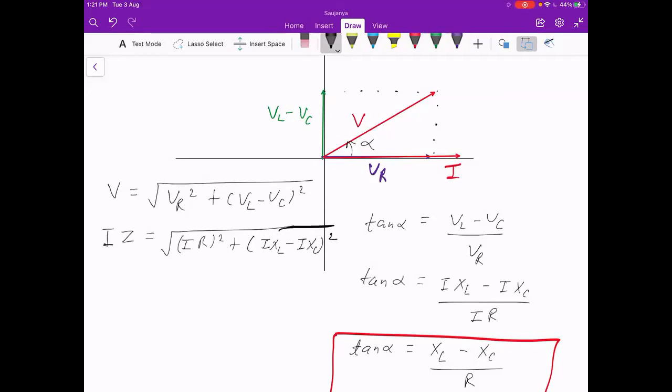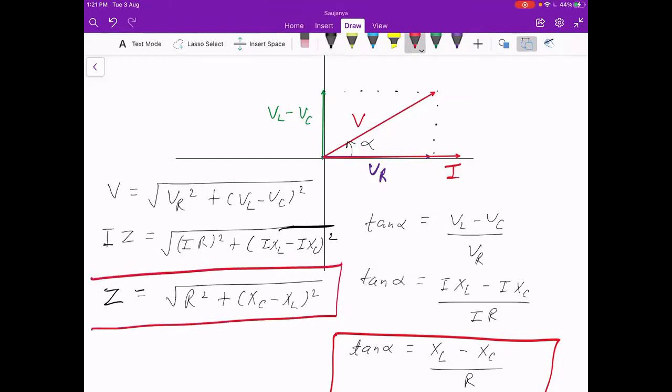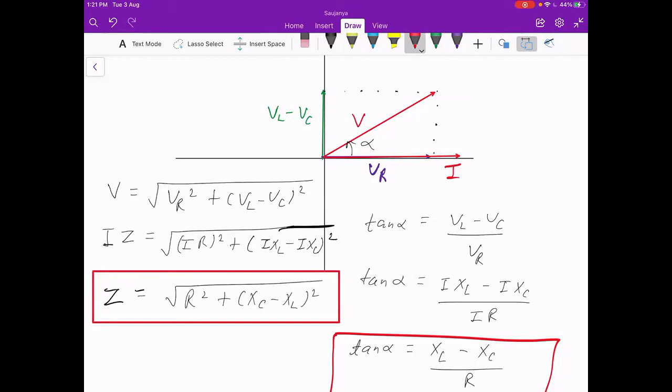So I cancels, and you'll be left with Z equals under root of R square plus XC minus XL whole square. So here Z is called the impedance of the circuit. It is something like the net resistance.